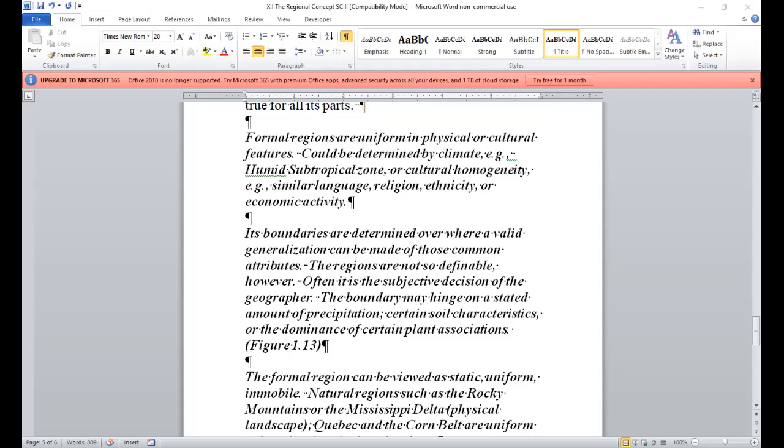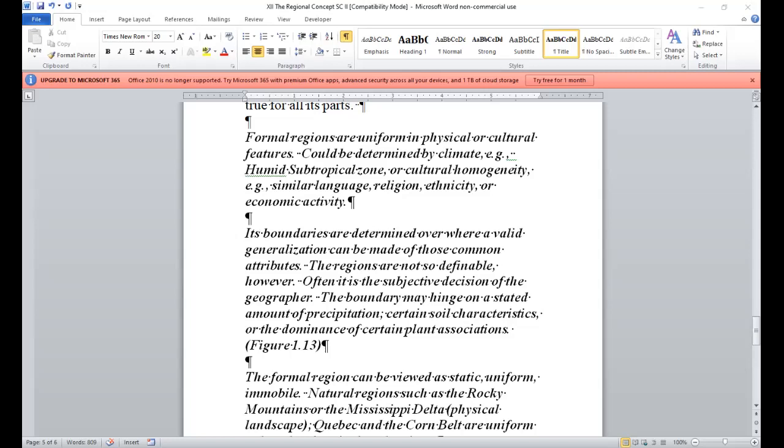The boundary may hinge on a stated amount of precipitation, certain soil characteristics, or the dominance of certain plant associations. I am thinking back to chapter one. I think it's figure 1.14 that might help you internalize this. There's a couple visuals in that section.